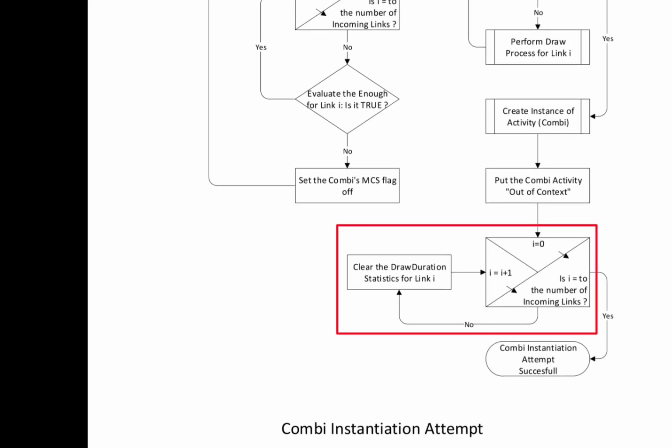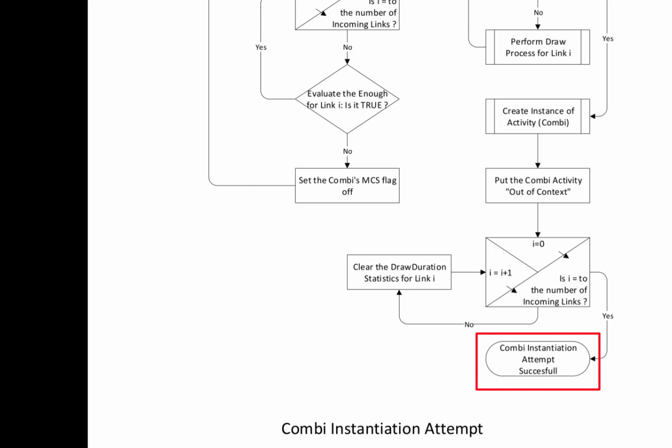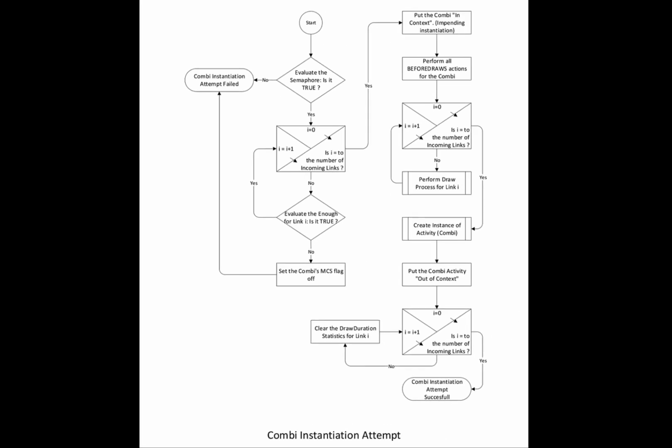This is followed by a loop that clears the draw duration statistics for all incoming links I. At the end of clearing the statistics, Stroboscope sets the Combi instantiation attempt for this particular Combi I to be successful and returns to the Combi instantiation phase. In summary, when Stroboscope attempts to instantiate a particular Combi, the result can be one of two. Either the Combi instantiation attempt failed, or the Combi instantiation attempt was successful.